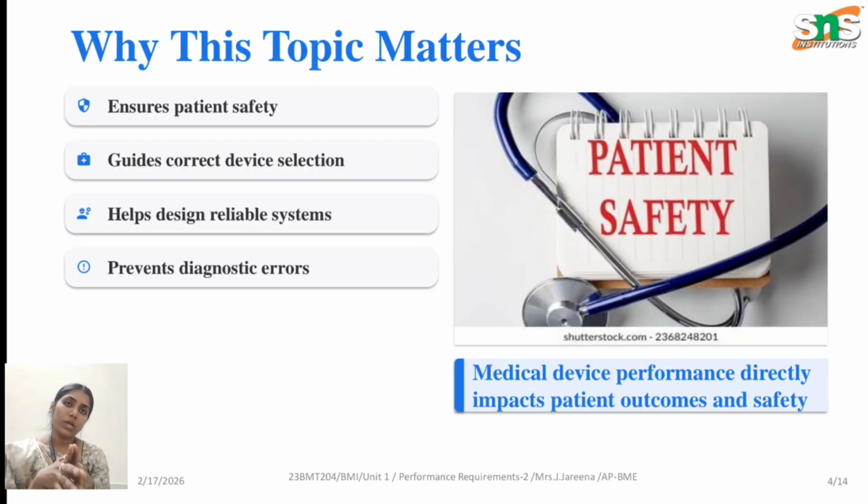Why does this topic matter? The performance requirements ensure the medical device is functioning properly, because medical devices have to be designed to ensure very good patient safety, guide the correct device selection, and help in designing reliable systems, which is very important as far as medical devices are concerned. It also helps to prevent diagnostic errors.